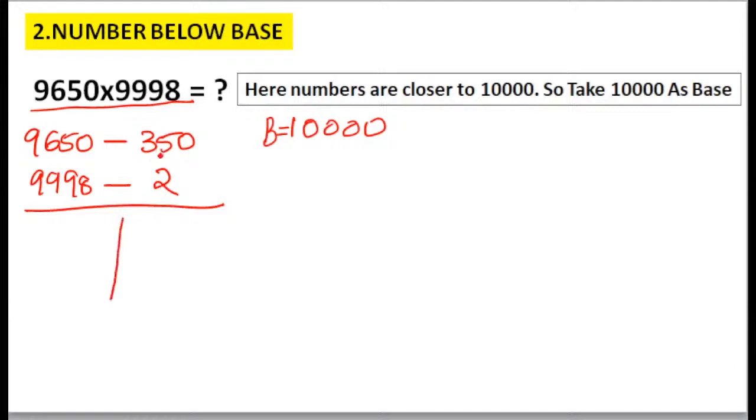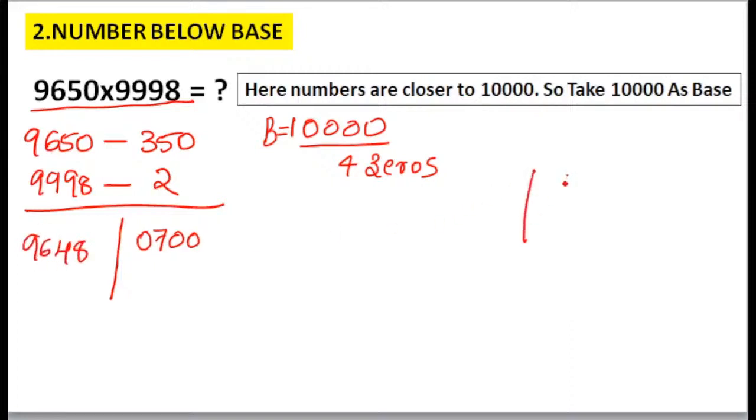Here we use the same method, that is 350 into 2, that is 700, is your RHS. But 10,000 has 4 zeros, so we put a 0 in front of 700 to make it a 4-digit number. In the LHS, we have 9650 minus 2, that is 9648.